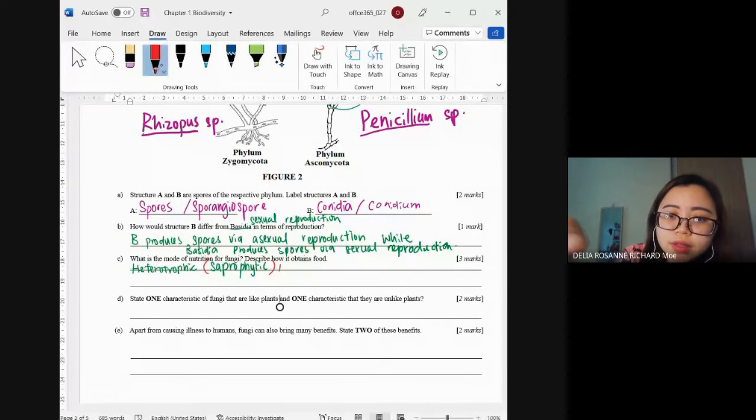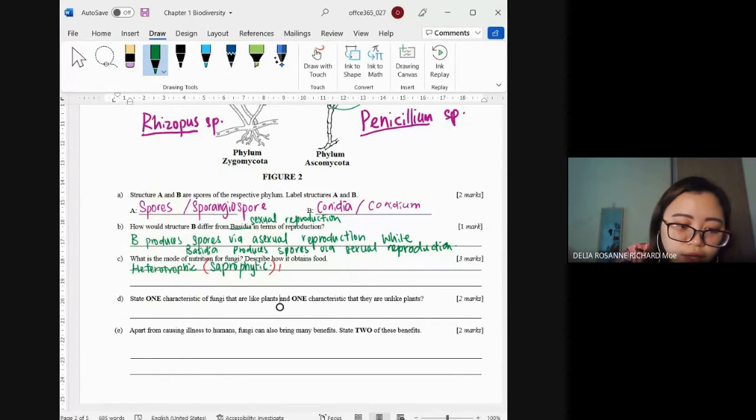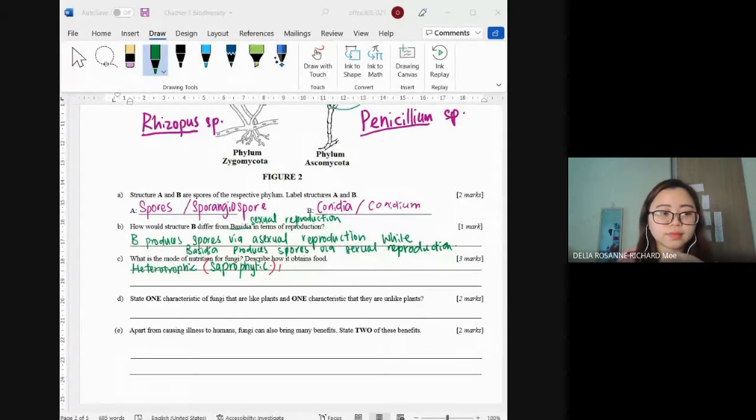Okay, so that is good. I'm gonna move on to this. And okay, what other things can we describe to get the full 3 marks? Ada sesiapa mau coba try explain?